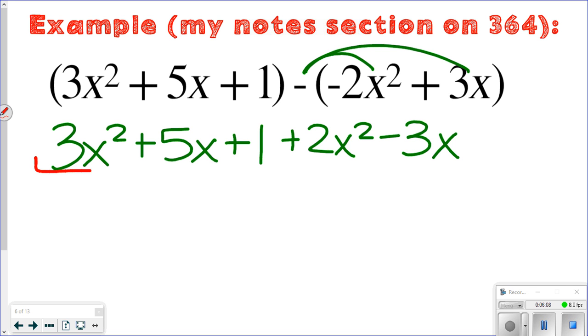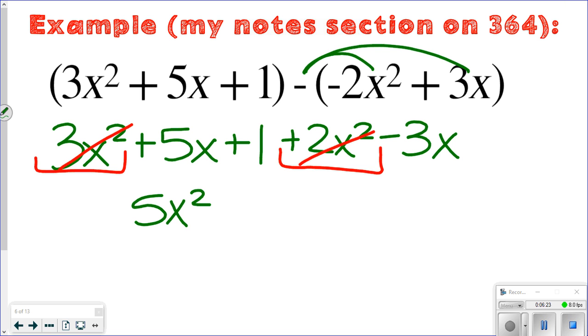Okay, then I'm going to combine my like terms. So I have 3x squared plus 2x squared, which gives me 5x squared. My next like terms, 5x minus 3x, which is a positive 2x.